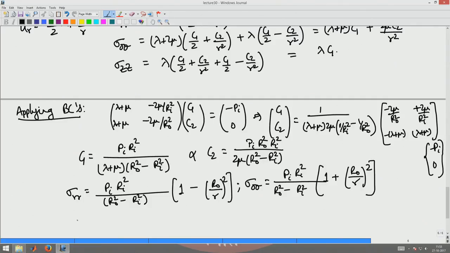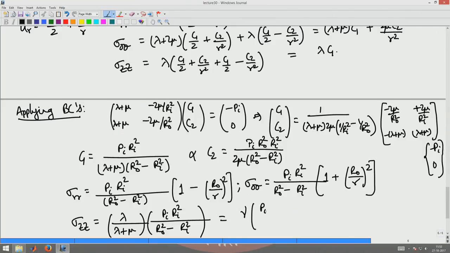Similarly, sigma ZZ would be lambda by lambda plus mu into Pi Ri square by R naught square minus Ri square. From the definition of Poisson's ratio, you know that this is nothing but Poisson's ratio times Pi Ri square divided by R naught square minus Ri square, okay.